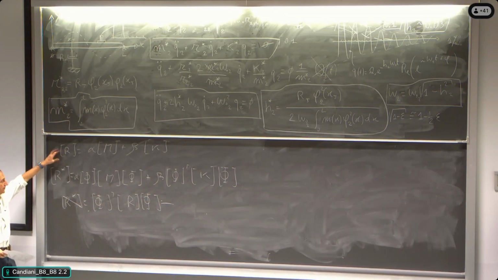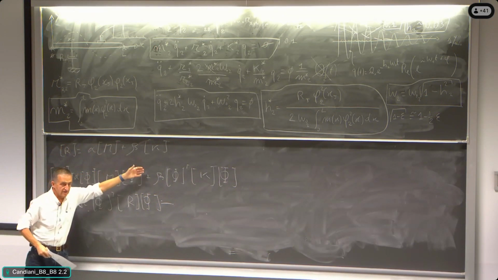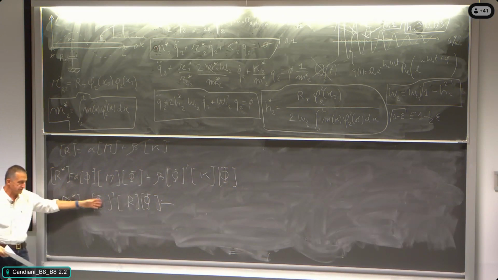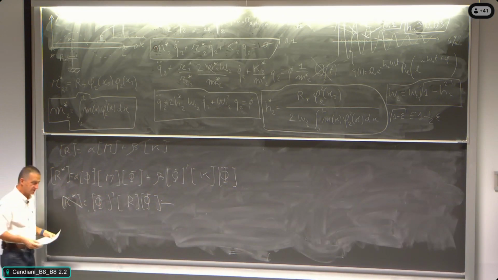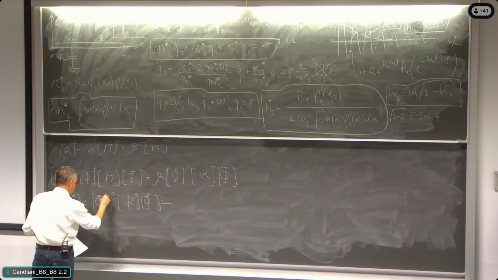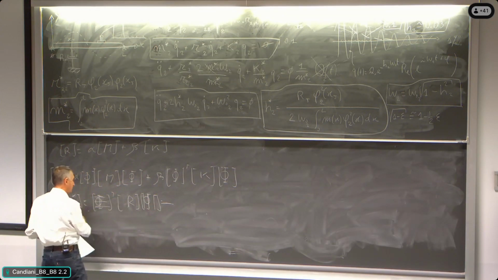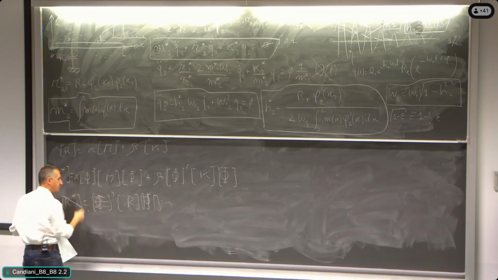So if we are building this matrix that is full of numbers in this way, then it has a property: if I pre- and post-multiply this quantity by the transformation matrix, the matrix made with the eigenvectors positioned in this way, all of that makes a diagonal matrix.